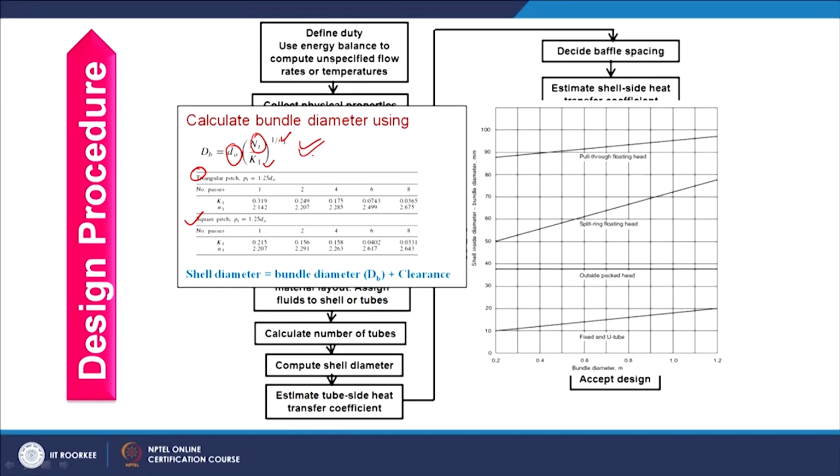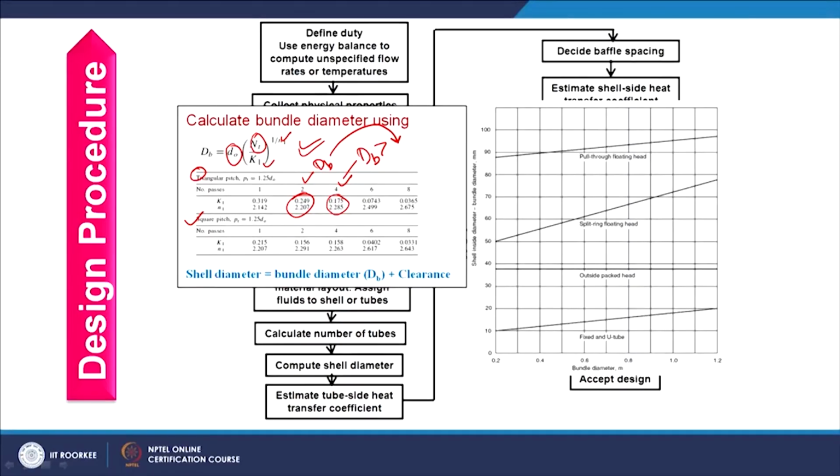If you consider 4 passes instead of 2, K1 and N1 values are arranged in such a manner that you obtain a larger bundle diameter in comparison to the one you obtain here. So, bundle diameter will also depend on the passes along with the number of tubes as well as the arrangement.